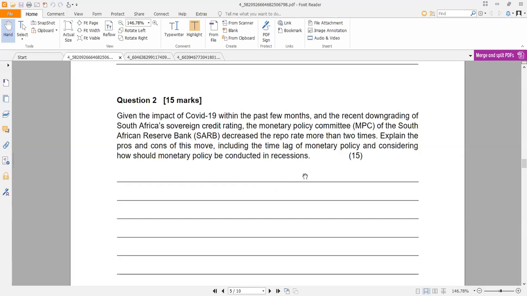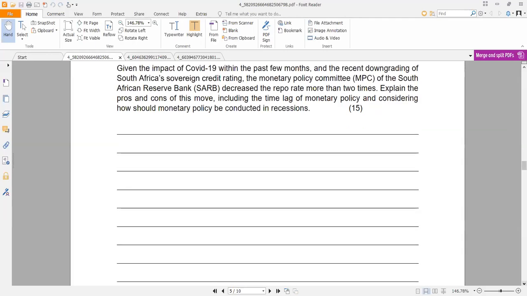After you are done with that, you then go to the part which says pros and cons of this move. So we are simply saying you can start by just putting your subheading, just saying the pros of a decrease in the repo rate. Or in other words, what are the advantages which are associated with a decrease in the repo rate? What are they?